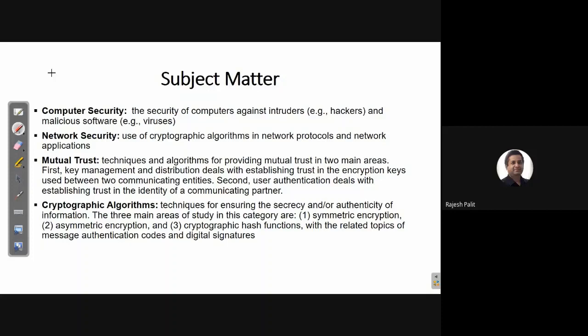Both parties must establish trust before performing any sensitive or important transaction or task. Because that is a financial transaction, it is very sensitive, right? So we must trust each other.